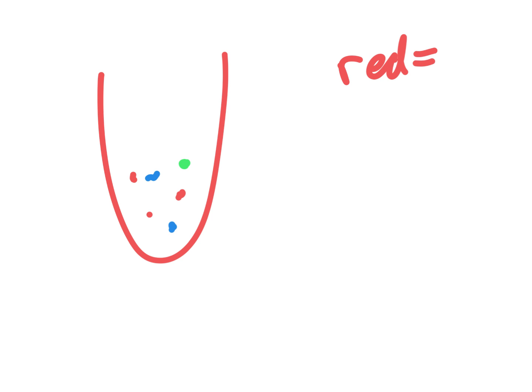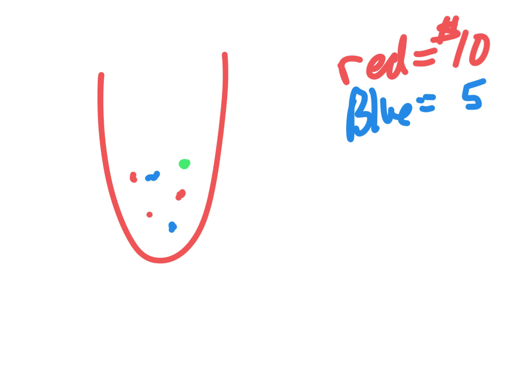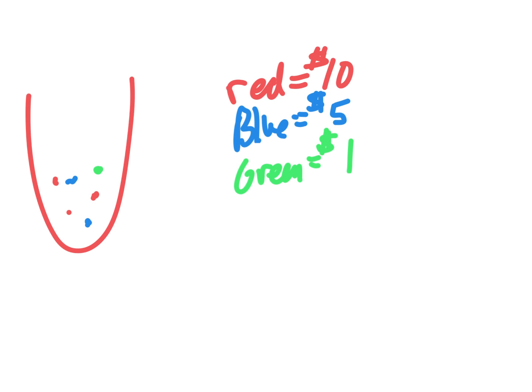For red, you get $10. For blue, you get $5. And for green, you get $1.